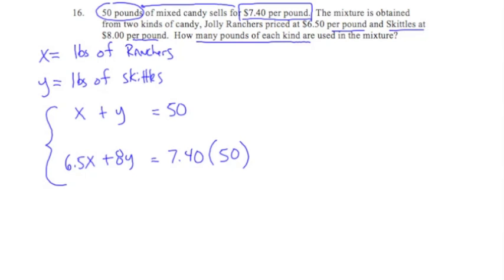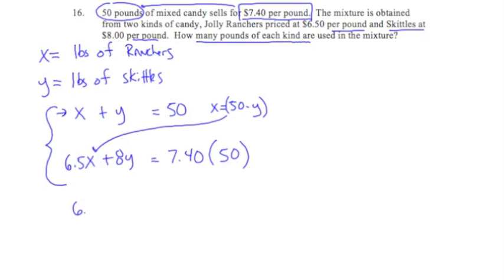So now that I have my two equations set up, I'm going to go ahead and solve this. Again, I'm going to isolate one of these variables up top. I'll isolate x again. I'd subtract y from each side, and I'd have x equals 50 minus y. And so this is the quantity that I'm going to substitute back down into my other equation. So we'll put that in for x right down there.